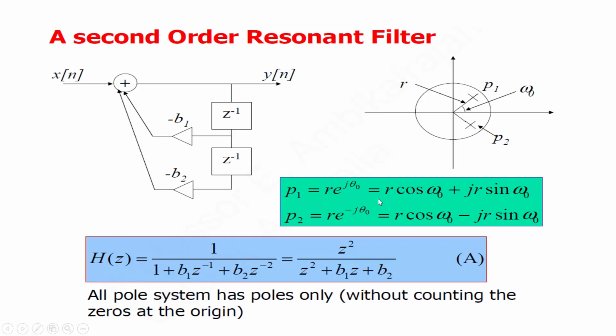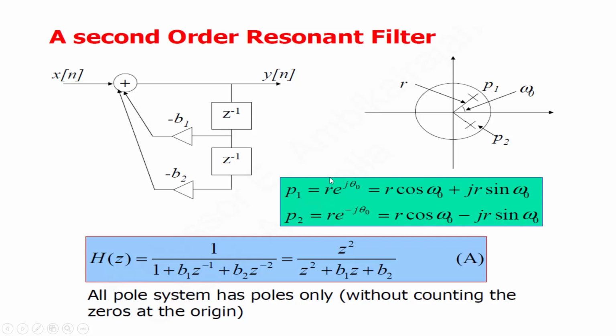We can represent it as theta in the phasor in the polar coordinate system, but actually it is omega 0 only for the digital frequency. So we get r cos omega 0 plus j r sin omega 0, we can expand the e function like this.